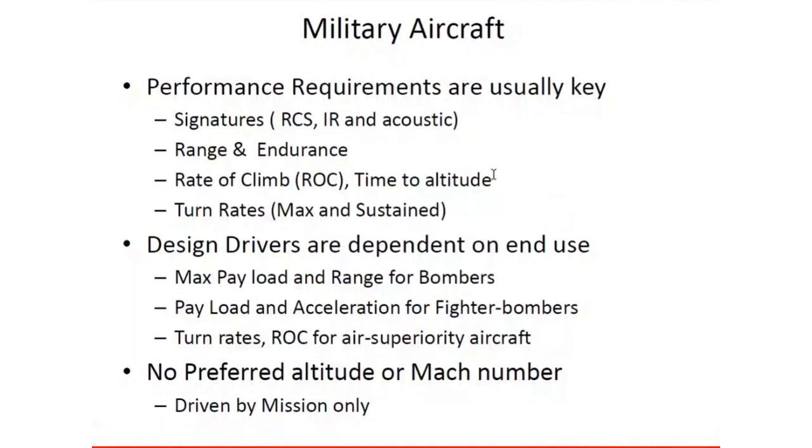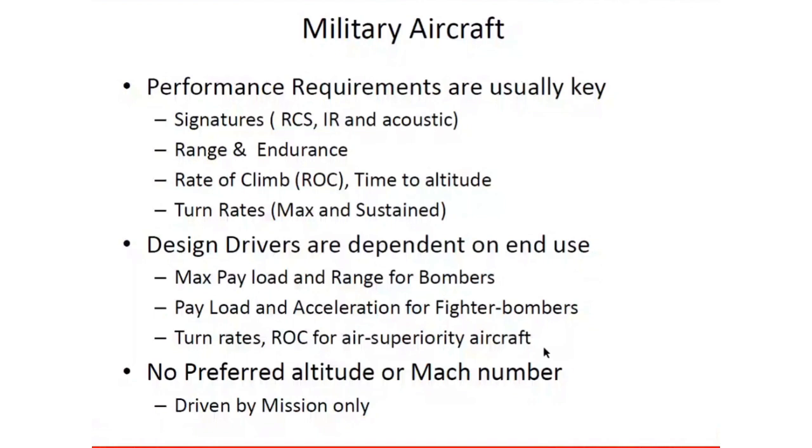Design drivers are dependent on end use. What is the use for which it is designed? So maximum payload and range for bombers, payload and acceleration for fighter bombers, turn rates and rate of climb for air superiority aircraft. If you are looking at a B-52 or the B-2 bomber, there the payload and the range are the most critical things. They are not going to do any fancy turn maneuvers.